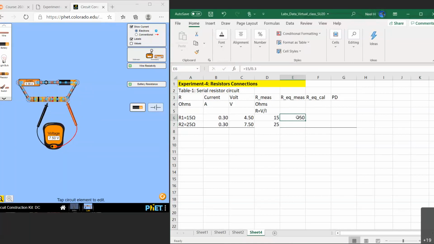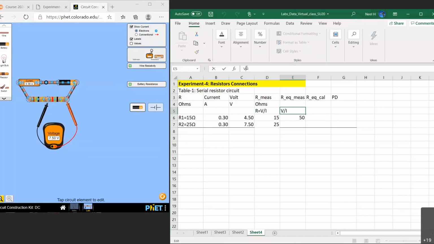So that's what we're expecting because you apply 25 and 15, right? So R equivalent calculated, you know, R1 plus R2. Let me write the equation down here too. This is R equivalent measured: voltage over current, but you have to consider the total voltage, okay?